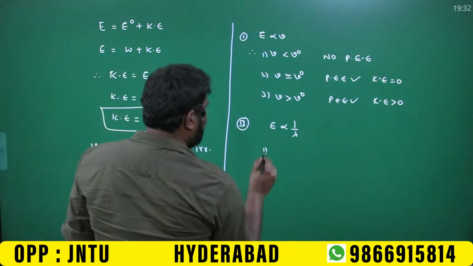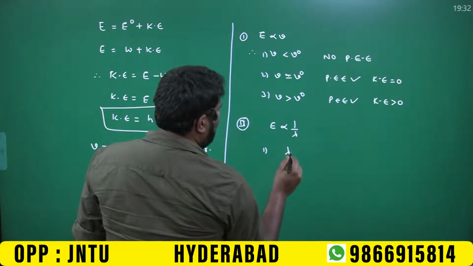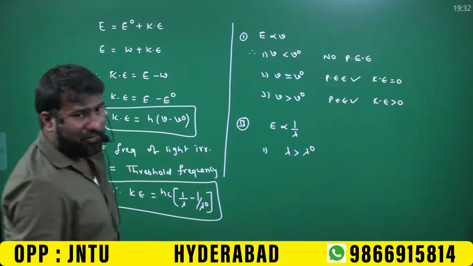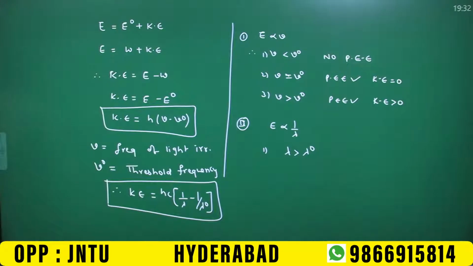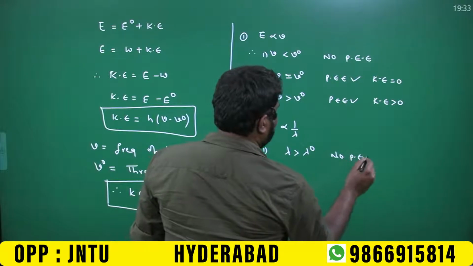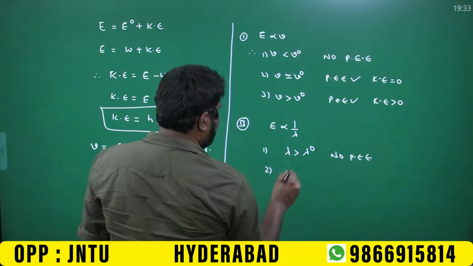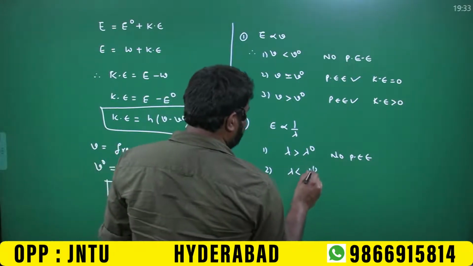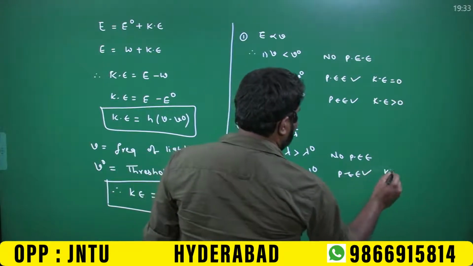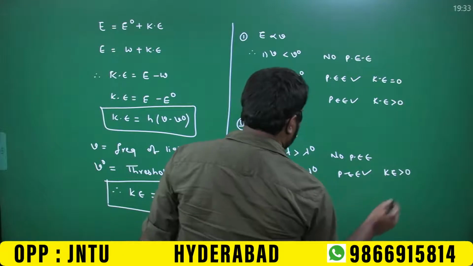Therefore, if lambda is greater than lambda naught, can we find any photoelectric effect? No photoelectric effect. Second, if lambda is less than lambda naught, photoelectric effect is observed, kinetic energy is greater than 0.